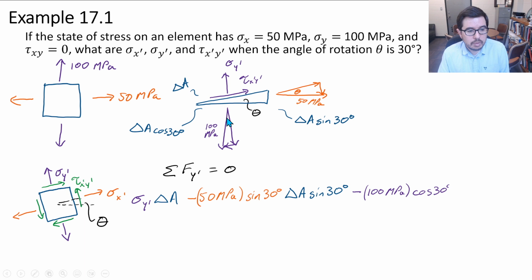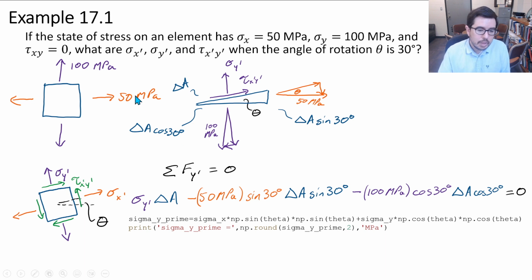And again, similarly, the appropriate component from the 100 megapascals, the sigma y, acting on this bottom face. And we set it equal to 0. And if you like, you can plug this into Python, right? So the Colab has this up for you if you'd like to do or check some things and make sure these calculations are right. And we get that sigma y prime is now 87.5 megapascals.